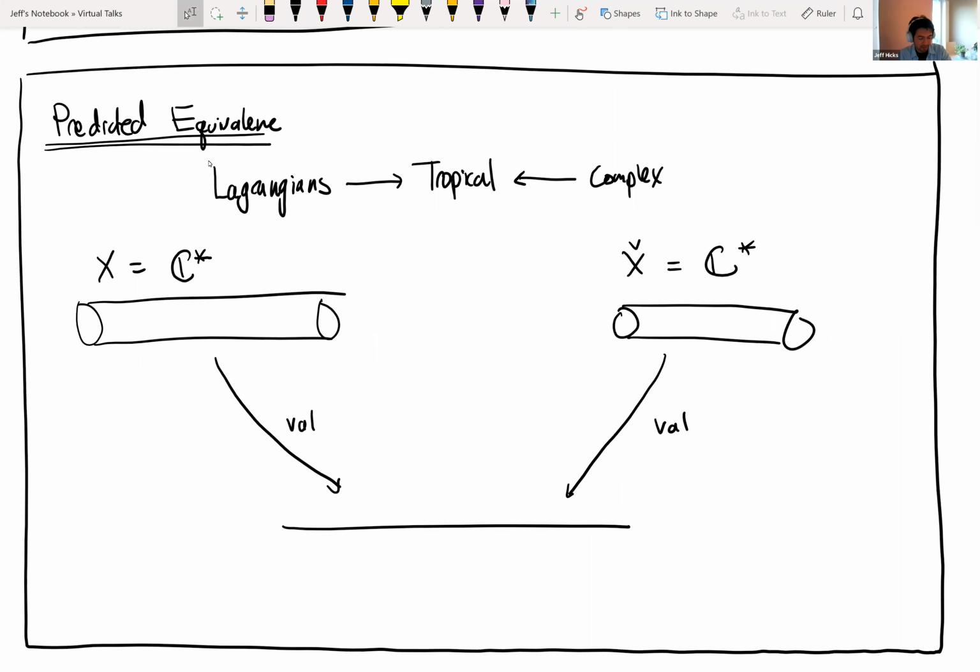One predicted equivalence for mirror symmetry, and I apologize here, I have already flipped the mirror, is that Lagrangians on C star, Lagrangian submanifolds inside of the symplectic space, are mirror to complex objects on the complex space.